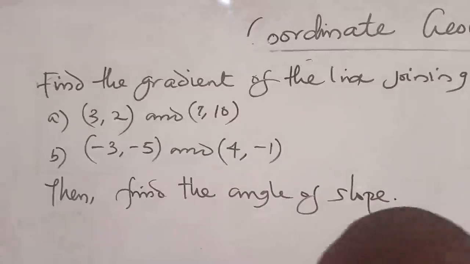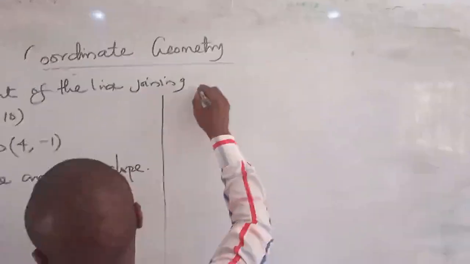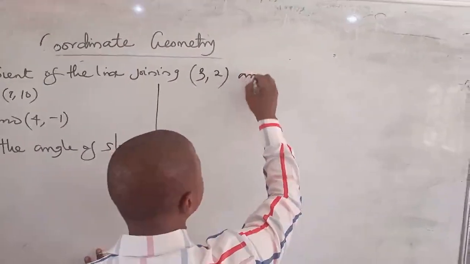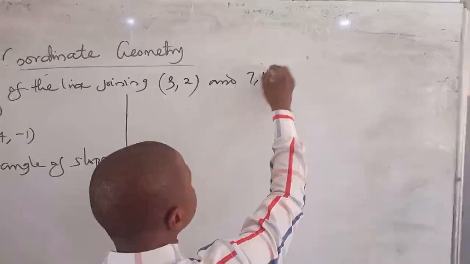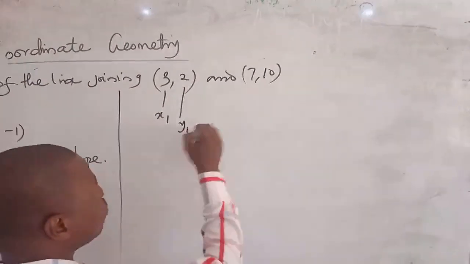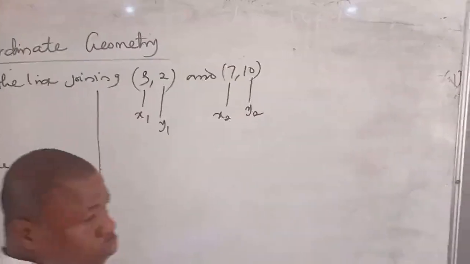So to solve the first one, we have 3, 2 and 7, 10. This is our x1, this is our y1, this is our x2, and this is our y2.